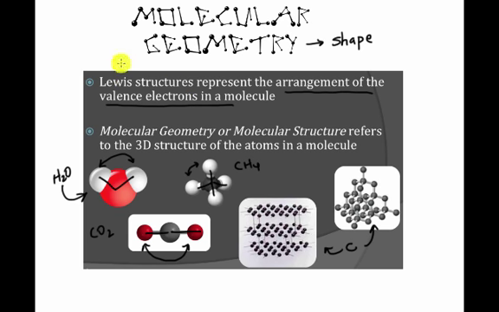So be careful with Lewis structures, and if you have trouble with Lewis structures, go back and watch the videos, go back and ask some questions when I see you in class about Lewis structures. I'm assuming you can do Lewis structures very well at this point. All right, so when we draw the Lewis structure for water, we have hydrogen, we have oxygen, and we have hydrogen, and we get two lone pairs or non-bonding pairs of electrons on oxygen. Now, I can draw the Lewis structure like that.